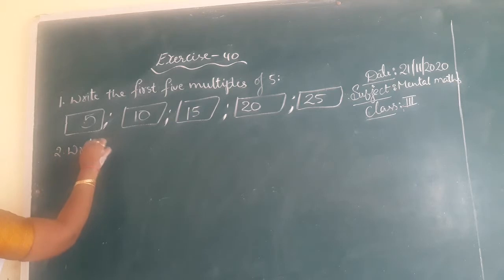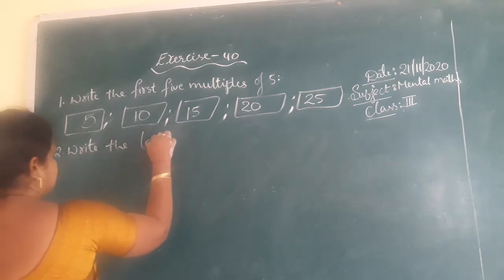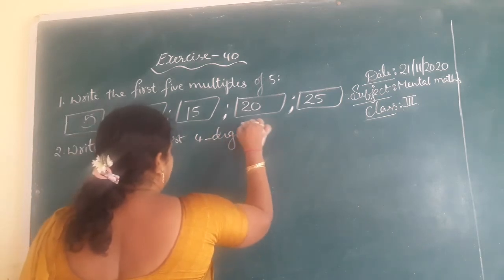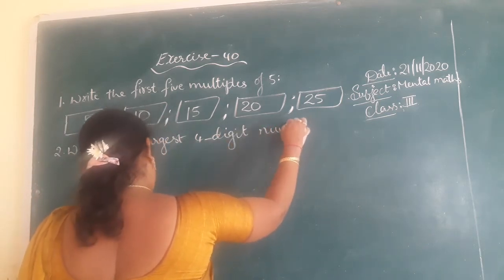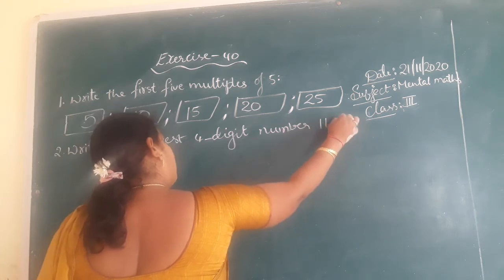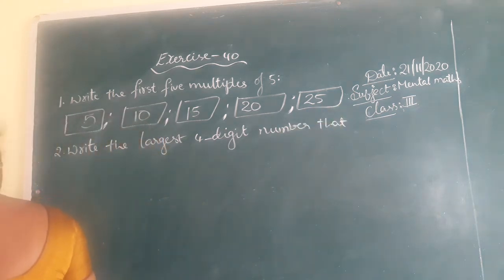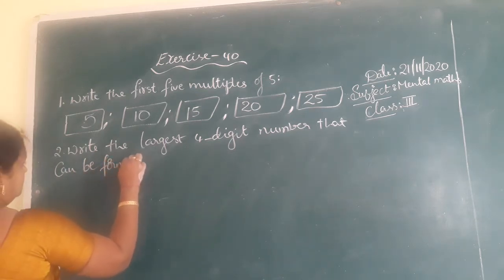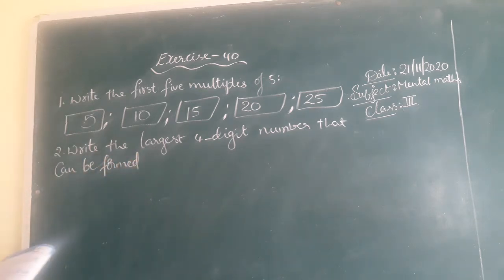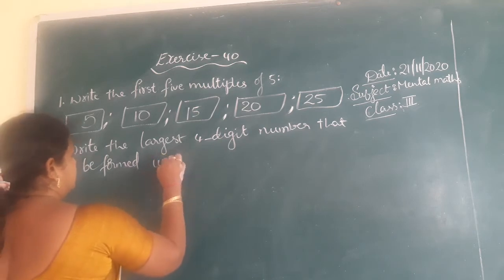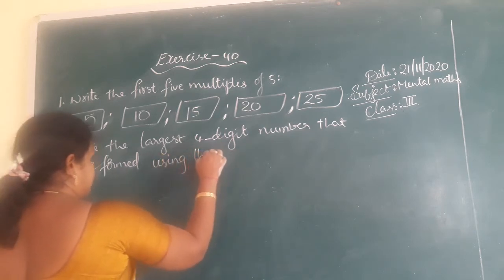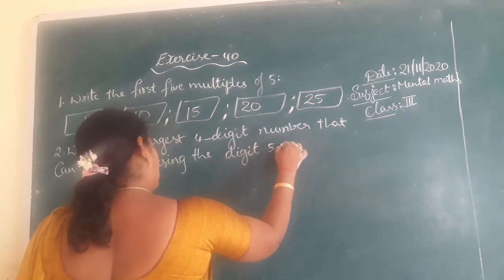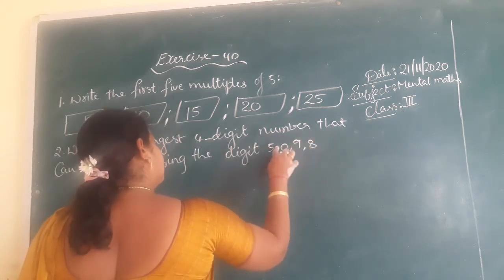Write the largest 4-digit number that can be formed using the digits 5, 0, 9, 8.